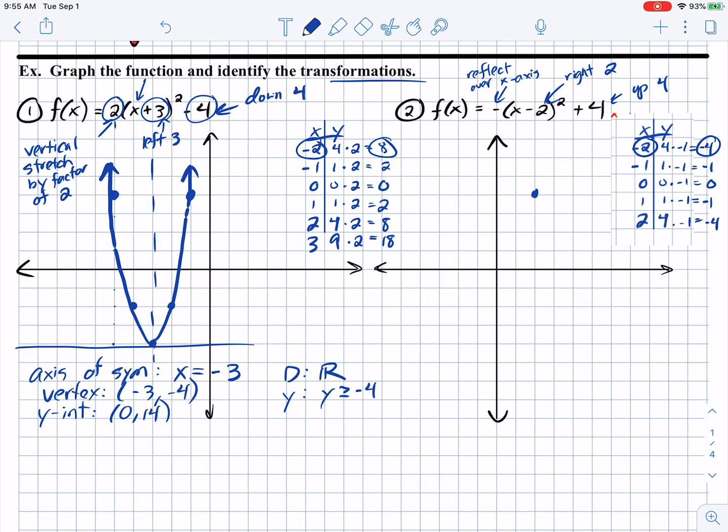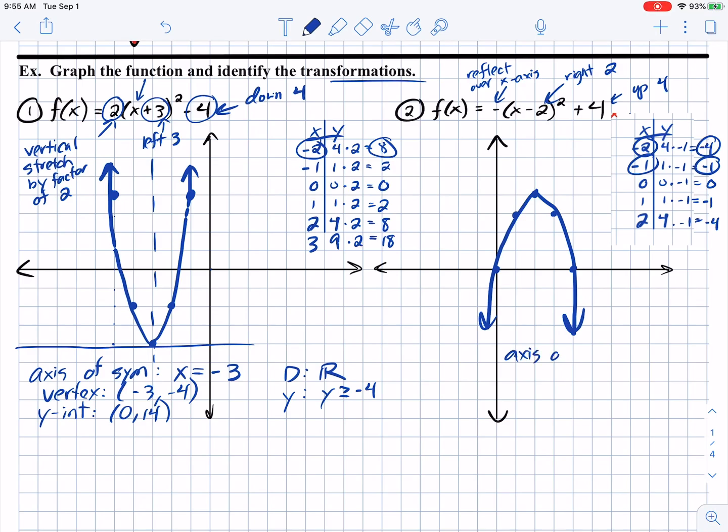Now we can go plot left 2 down 4, left 1 down 1, +1, -1, +2, -4. Remember, those points are from your vertex. And you would have something like this.